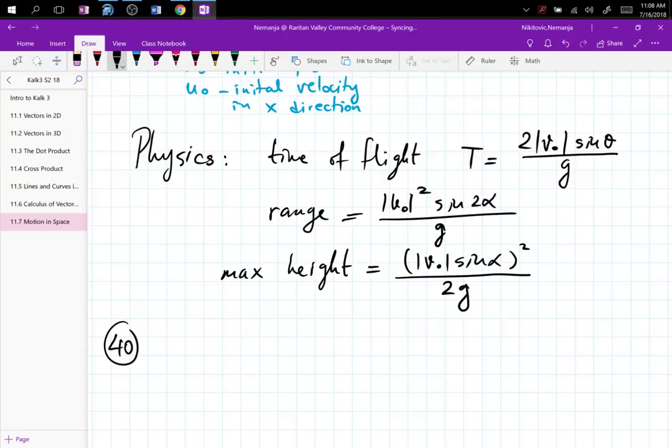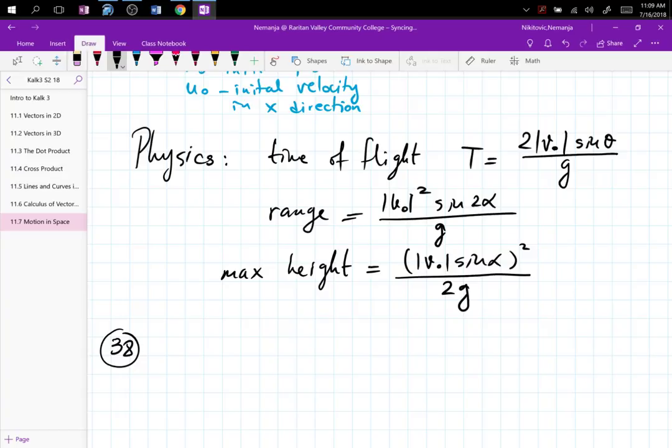It's horizontal, and if you throw something horizontally, it's just going to start going down. So that's your max height. Yeah, I don't like problem 40 because we can't do maximum height. What can we do with the max height? Okay, 38 we can do with the maximum height.